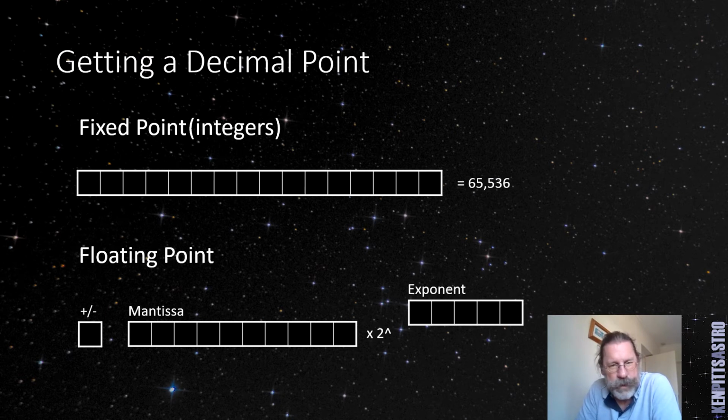In this particular case, you can see that I have one bit here which is used for the sign, so you can have plus or minus. You have this here which represents the number, and then you have this which represents the scale of the number. This is like when your calculator tries to display a number that's too big for the screen, and it might say something like 1.737E11.